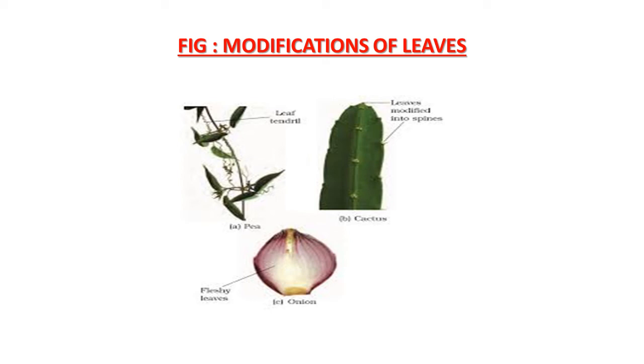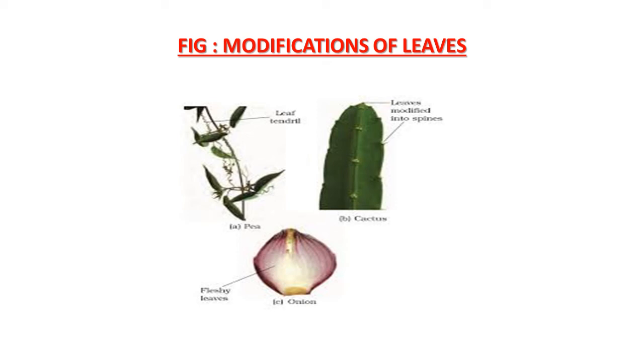In figure B, the second figure, it is about the plant cactus or cacti. Here leaves are modified into spines or spiny sharp structures for defense and protection purpose. The third figure, C, is about onion, where the leaf base becomes fleshy and carries out the function of storage of food.